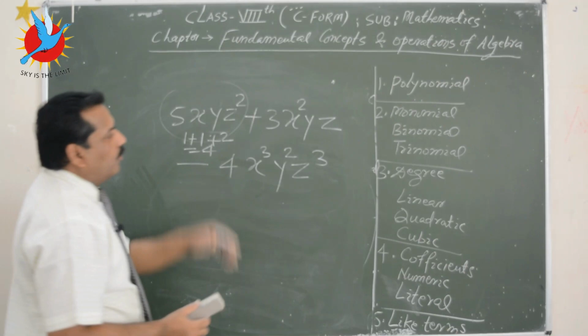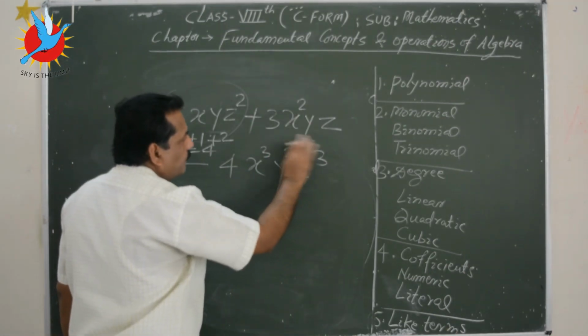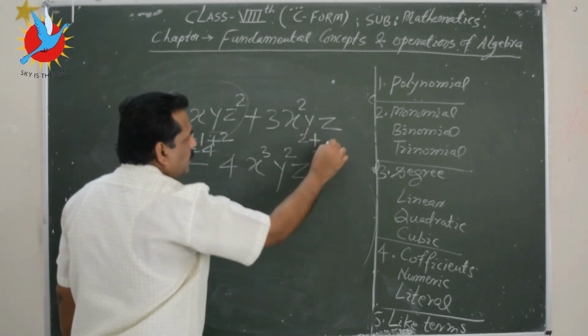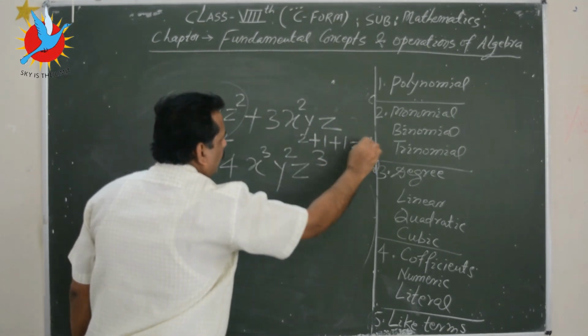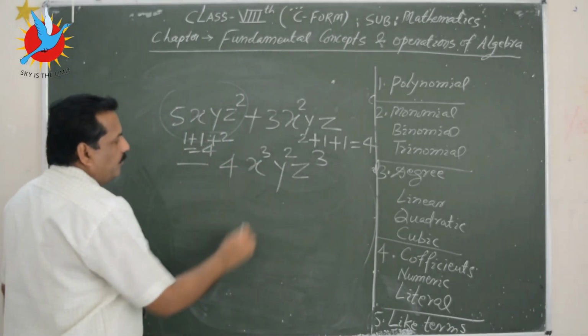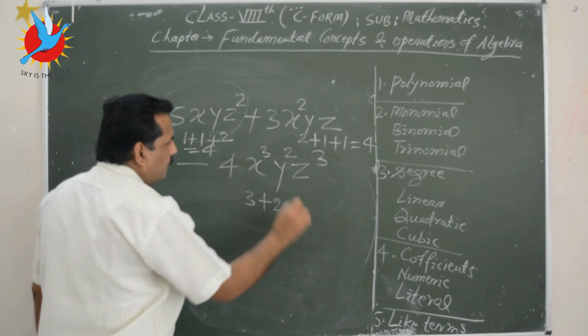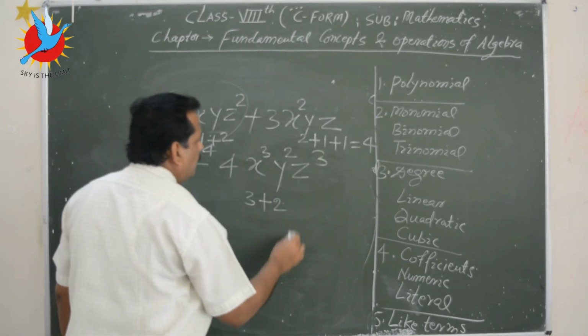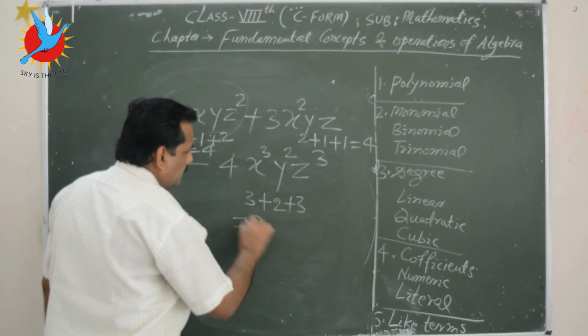So this is 4, and what about this term? Power is 2, plus power is 1, plus power is 1, and this is again 4. What about this term? Power is 3, and again power is 2, and z power is 4. So this is 3, 2, 4, and this is 9.